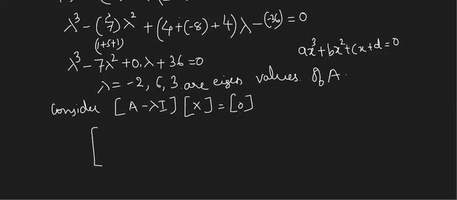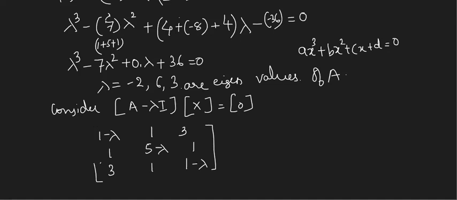A minus lambda I is [1 minus lambda, 1, 3; 1, 5 minus lambda, 1; 3, 1, 1 minus lambda]. Now how do I take my capital X? Take it as a column matrix X, Y, Z. And what is my zero matrix? 0, 0, 0.